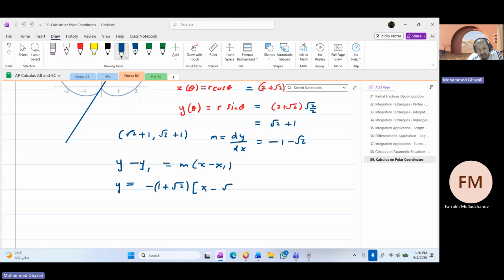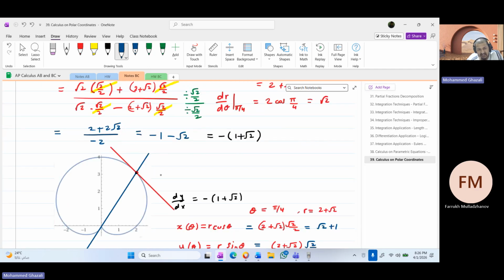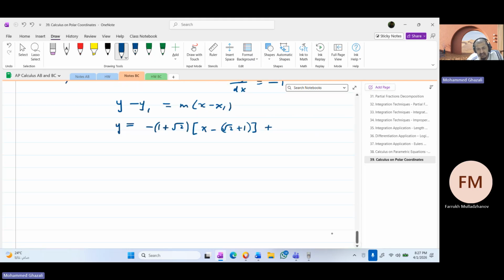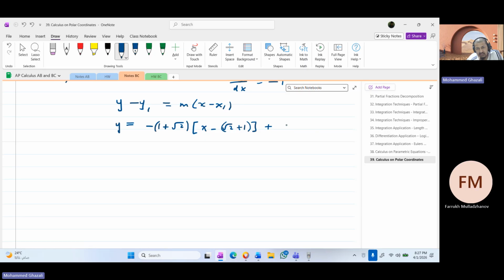X1 is root 2 plus 1. Plus y1. I'm going to add y1 onto the other side. I'm finding the equation of this tangent line here. This is the tangent line to the polar curve, and y1 is root 2 plus 1 as well.